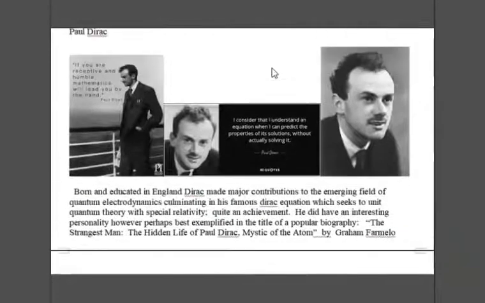Just a little bit of an anecdote about Dirac. He was giving a lecture in his later life. He ended his days at the University of Florida in Tallahassee. So he was giving a lecture, and somebody raised his hand in the middle of the lecture and said, "Professor Dirac, I don't understand that last equation."